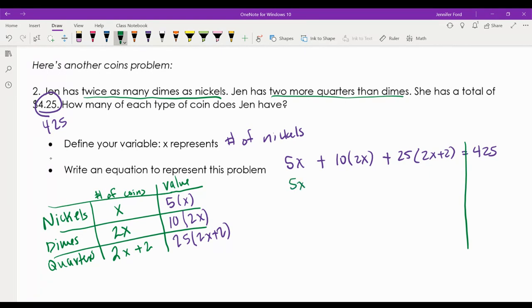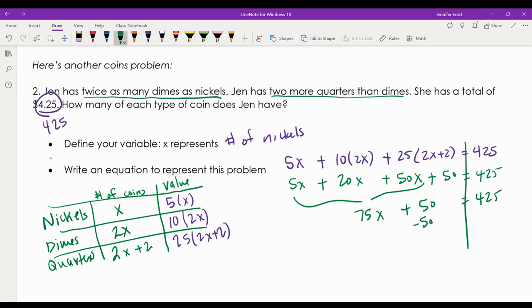What is this? 5x plus 20x plus 50x plus 50, which is 75x plus 50, which equals 425.